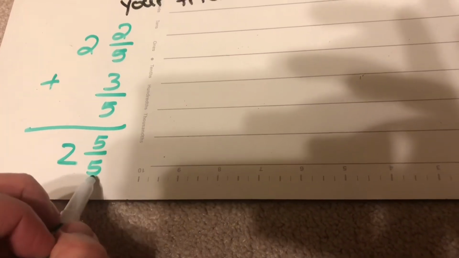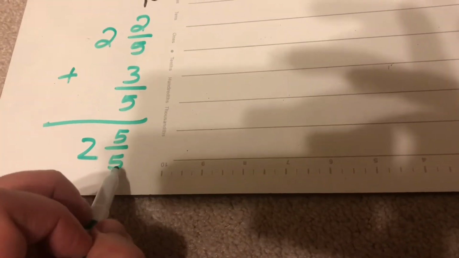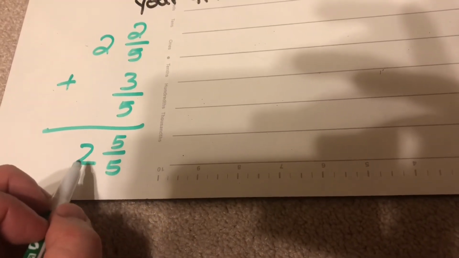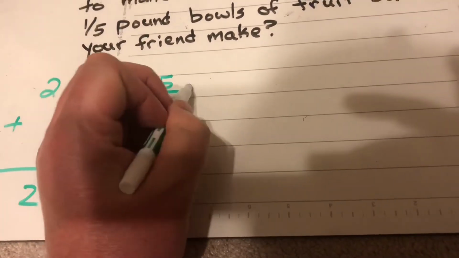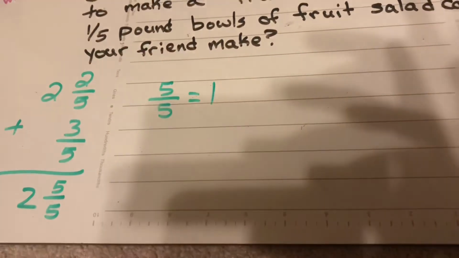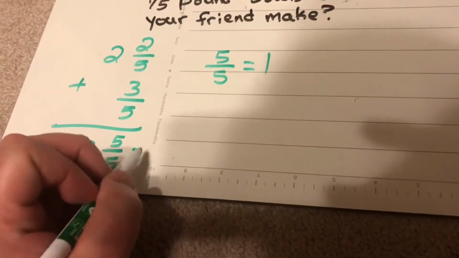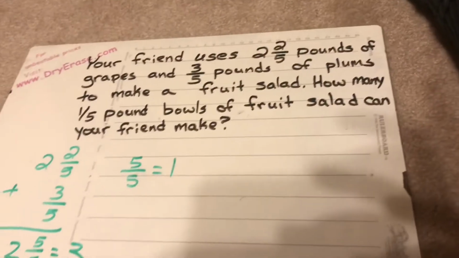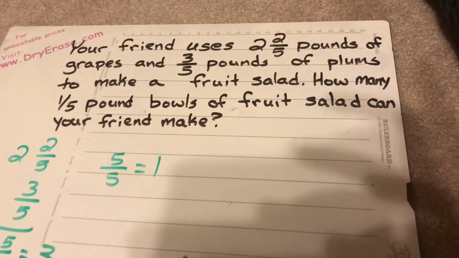Well, I know that 5/5 is just 1. Anytime we have the same numerator and denominator, it equals 1. So when I combine that 1 with the 2, because we want to remember just to write it down as a visual, 5/5 equals 1. So when I have that 1 plus that 2, that equals 3. All right, so my friend has 3 pounds of fruit, combining the grapes and the plums.